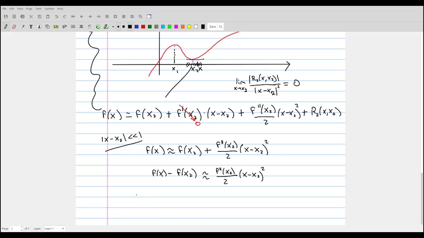Remember, we say that x2 is a local minimum if there's an open set around x2, or an interval around x2, such that f of x is always greater than or equal to f of x2.